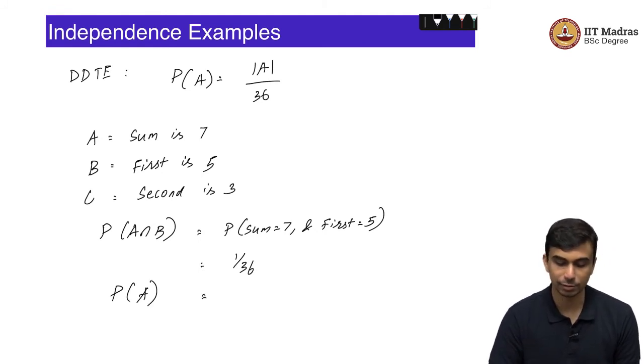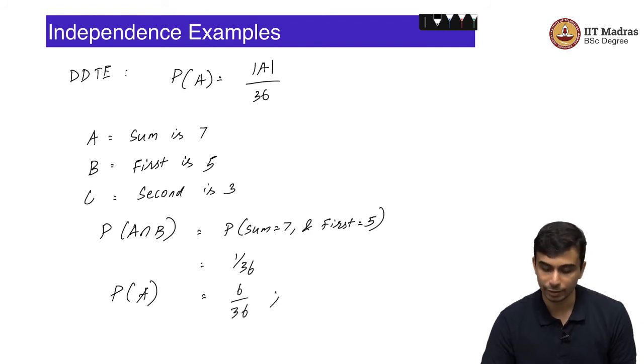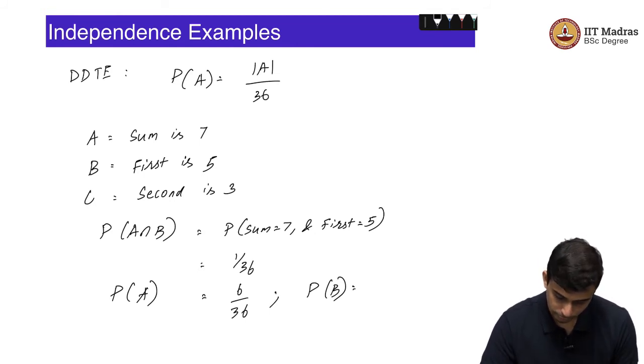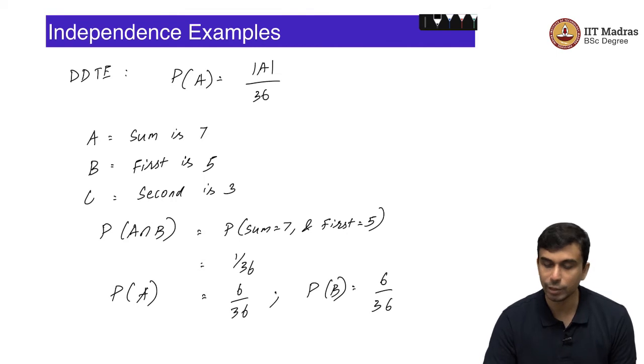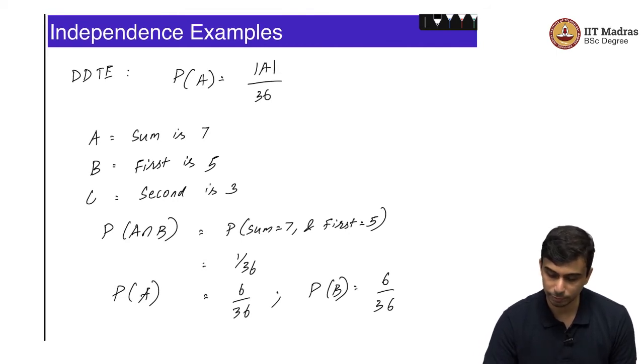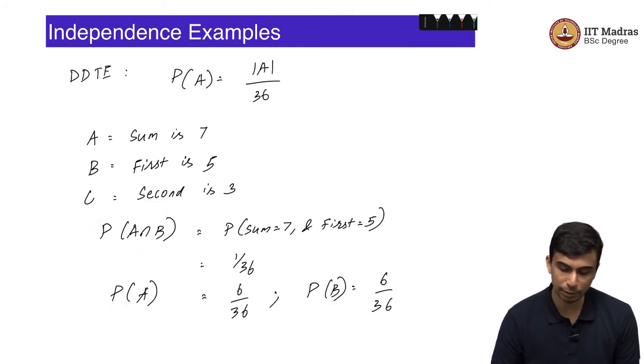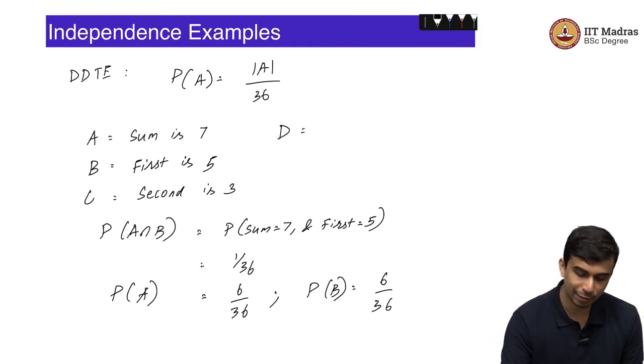Well, the probability of the sum equal to 7 can be shown to be 6 by 36, and the probability of B, that the first is 5, is once again 6 by 36. So in this case, it does seem that probability of A intersection B is exactly equal to probability of A into probability of B.